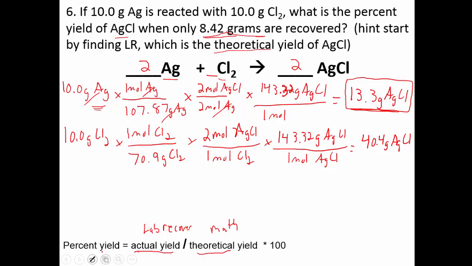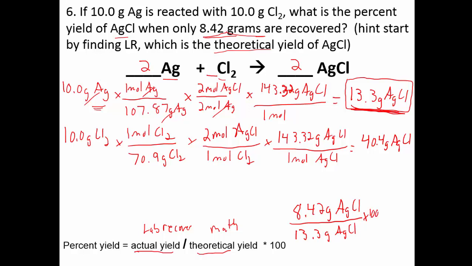So if we go to percent yield, we'll look at that actual yield, what we did recover, 8.42 grams of silver chloride. What we should have gotten, in theory, how much should be produced from the chemical reaction, was 13.3 grams of silver chloride.